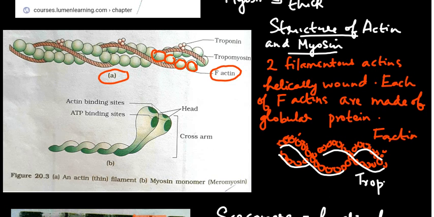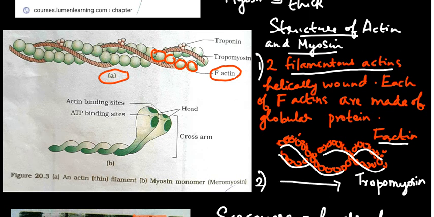This is called as tropomyosin. So actin protein consists of, one is two filamentous actins, also called F actin, and second is tropomyosin.